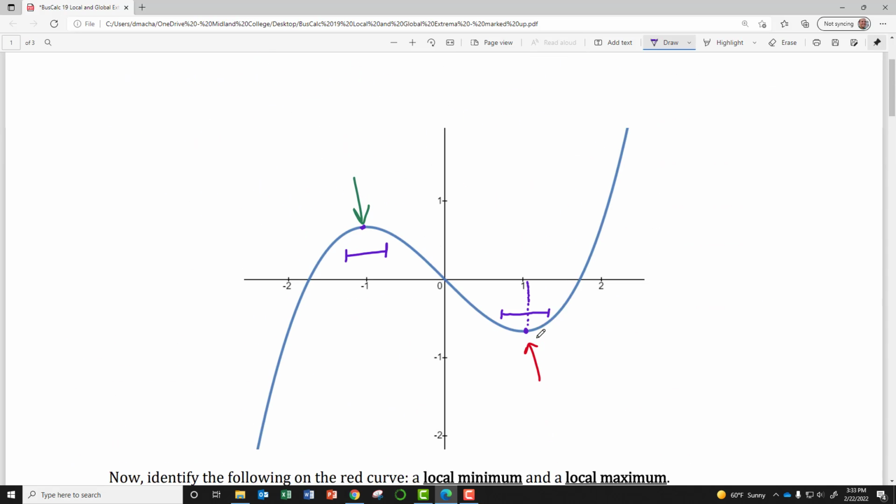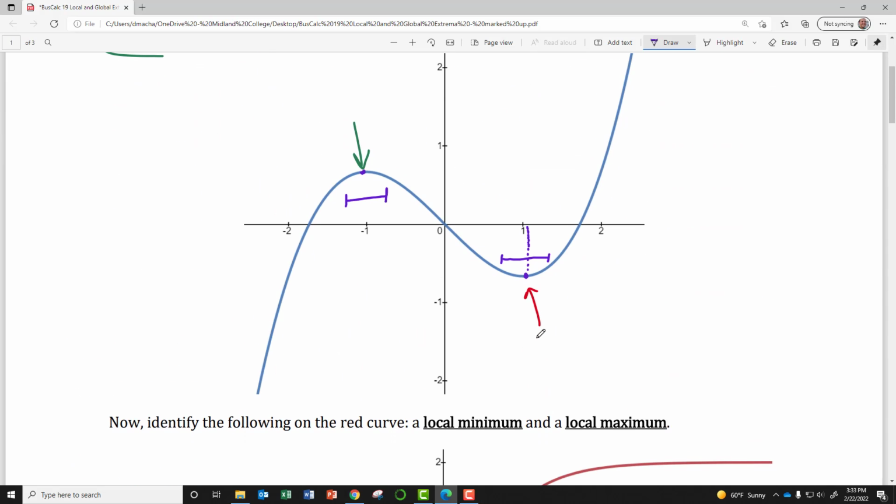But if you remember that the derivative is the slope of the tangent line, and you imagine the tangent lines here, over here the tangent lines are going to have positive slope, and over here the tangent lines will have negative slope, and over here the tangent lines will have positive slope. And between those, right at those maximums or minimums, your tangent line would have 0 slope. You'd have a horizontal tangent line there. And so this is why the local max and local min have to occur at critical points.